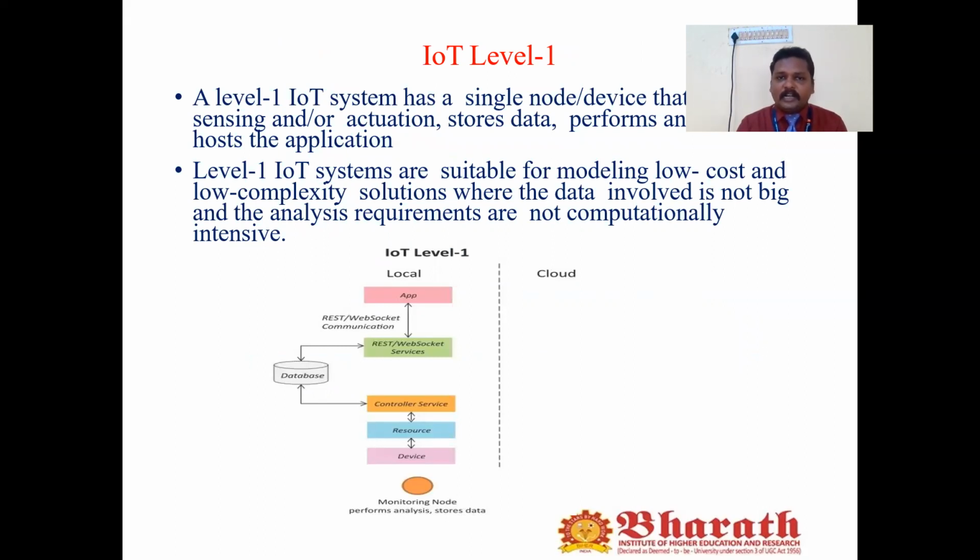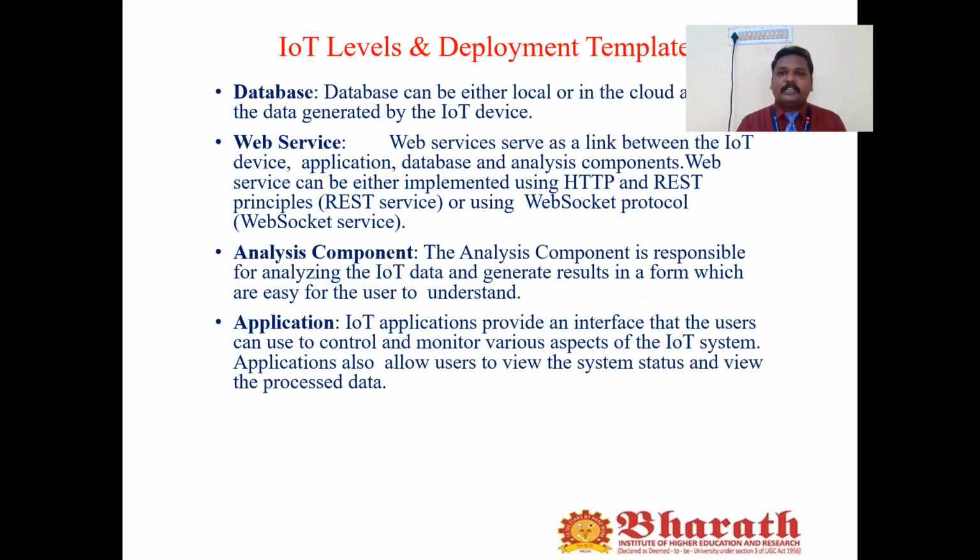So this is what we call the IoT levels and deployment templates. So far, we discussed today's lessons: what the IoT is, what the characteristics of the IoT are, and how we design the IoT. We can design the IoT using logical design and physical design.